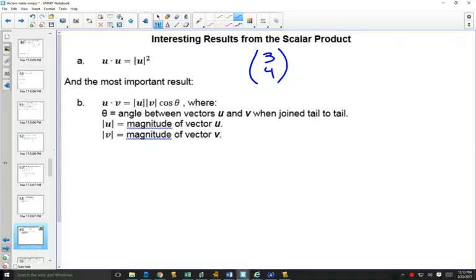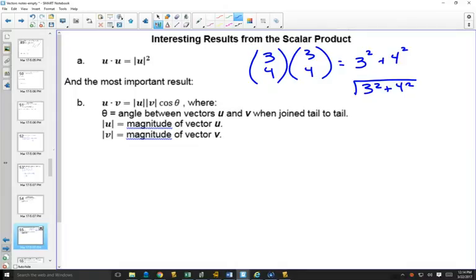But if I multiply it by itself, can you see that you'll get 3 squared plus 4 squared? The length of it will be the square root of 3 squared plus 4 squared. And so the dot product of a vector with itself is the length of the vector squared.